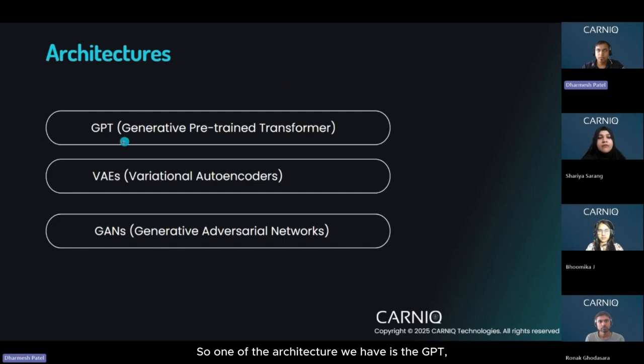One of the architectures we have is GPT, the Generative Pre-trained Transformer. This is used in the backend, along with what we previously discussed, neural networks and transformers, to develop this architecture. We will also see it in some of the applications where it is featured.